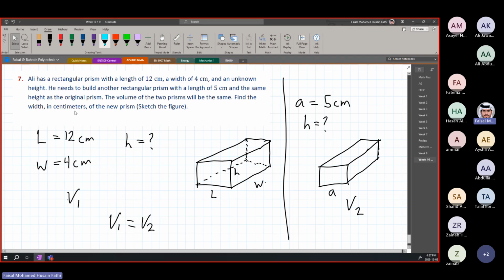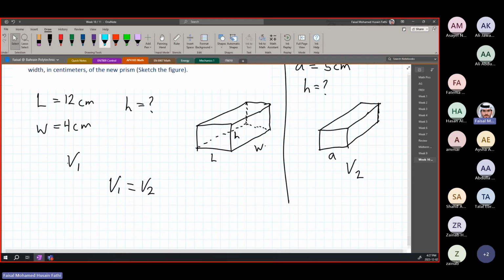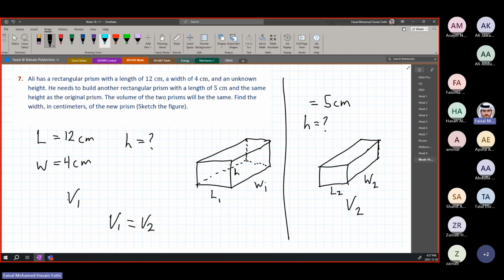Find the width in centimeters of the new prism. فاحنا عندنا هني W، خلينا نسميه W2 و L1 و W1 عشان ما يستوي خربطة. اوكي. انزين. Let's erase this A and let's call this L1 W1. This is L2 W2. This over here is L1 W1. الهايت height 1 و height 2 يساوون بعض.